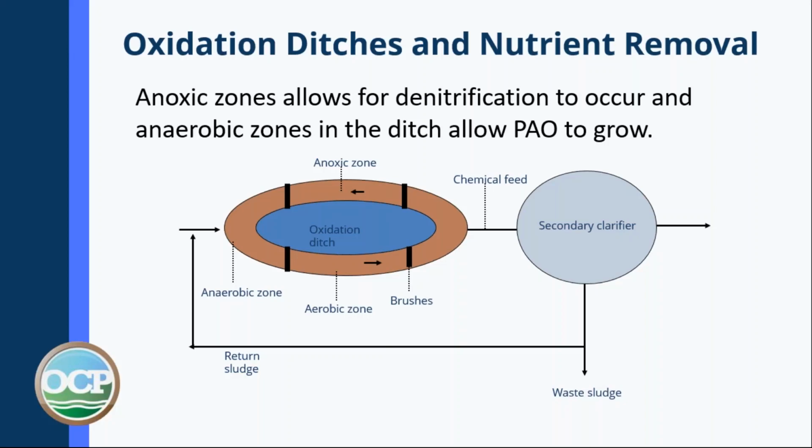This will allow denitrification to occur. Nitrogen gas bubbles out the top. As it goes to the end of the ditch, it goes to the clarifier. When you waste the sludge, you get rid of the phosphorus that the PAOs have accumulated. You have to have anoxic zones to allow for the denitrification to occur and anaerobic zones to allow PAOs to grow.